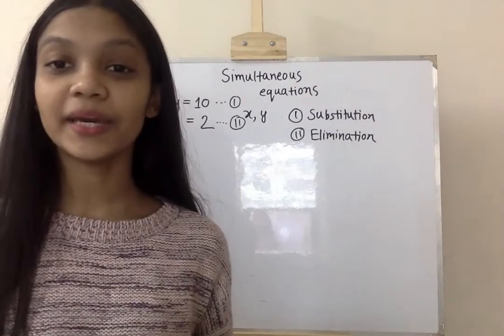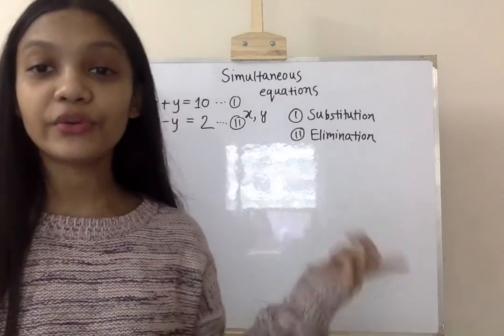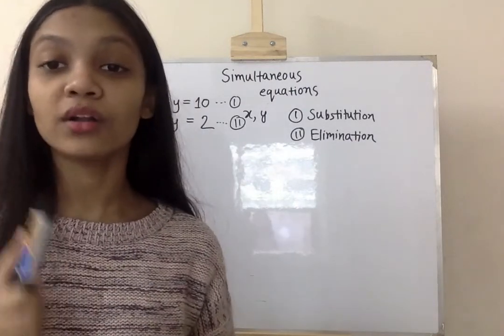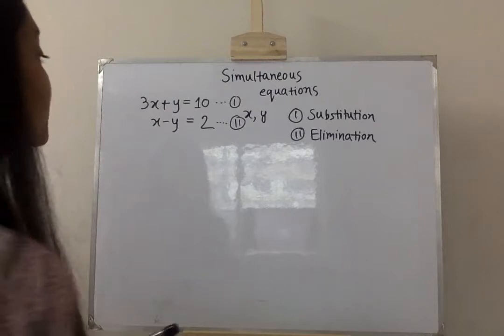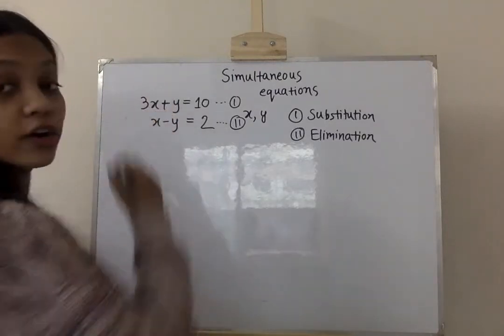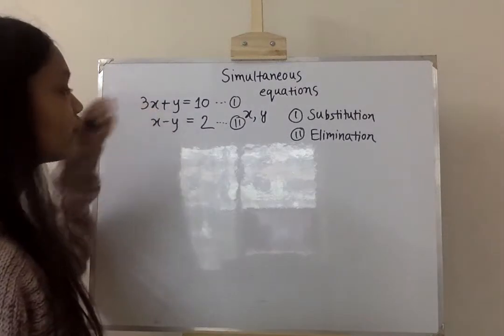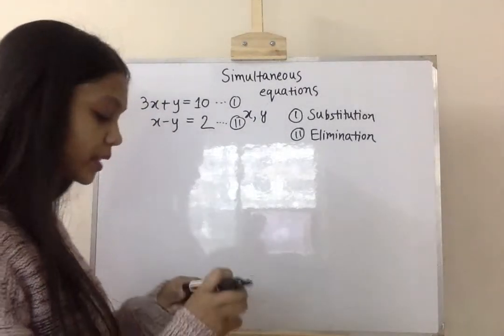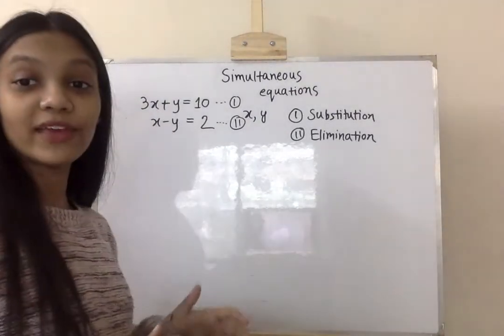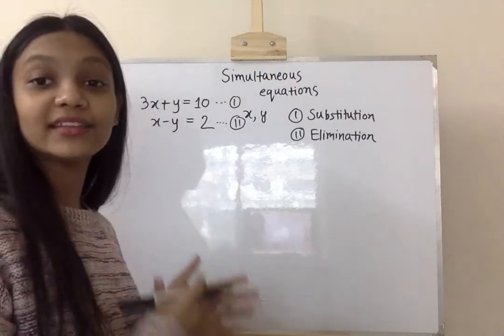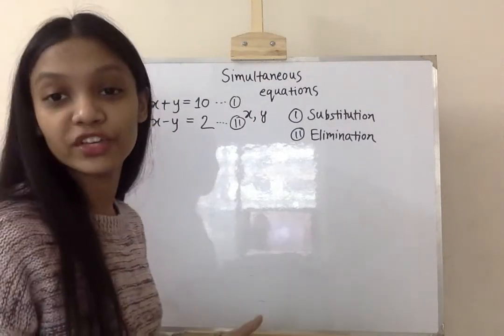Just like its name, in the elimination method, we try to eliminate one of the variables. That is, we either eliminate x from both of the equations or we eliminate y from both of the equations. To eliminate, we have to make sure that the variables have the same coefficient.